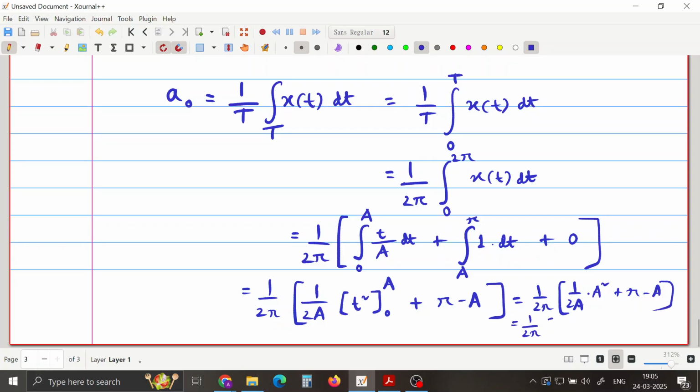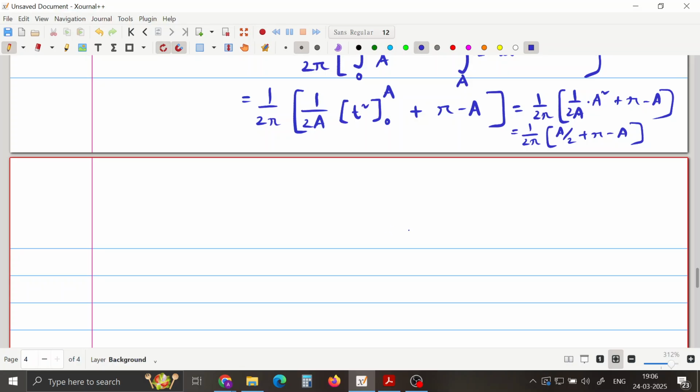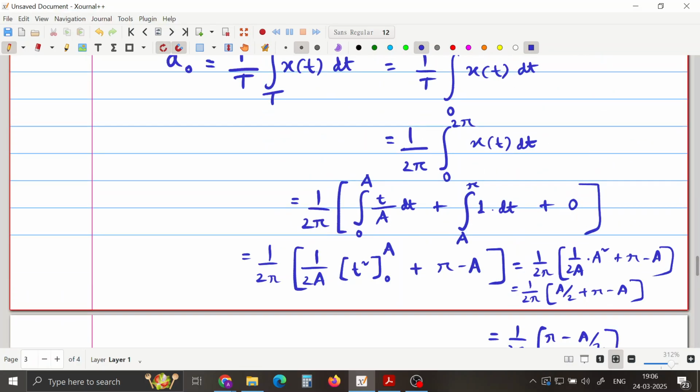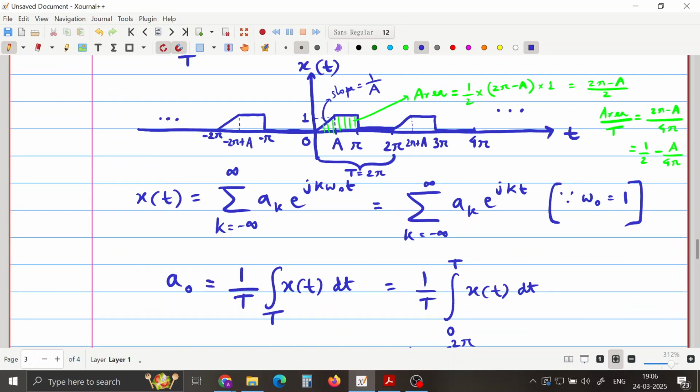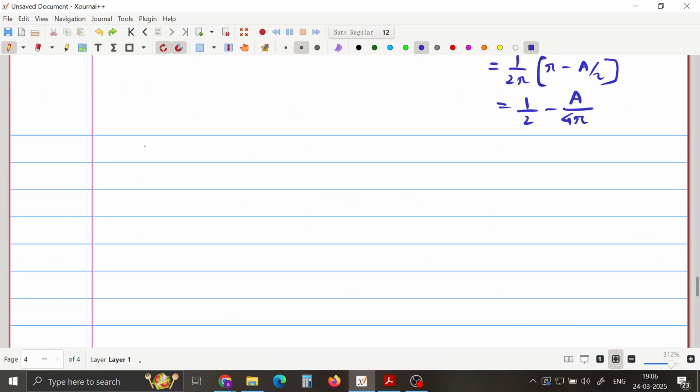This is 1 by 2 pi into a by 2 plus pi minus a, which is nothing but 1 by 2 pi into pi minus a by 2, which is again half minus a by 4 pi, exactly what we calculated before by simply taking the area and dividing by the fundamental period. So my a naught is half minus a by 4 pi.